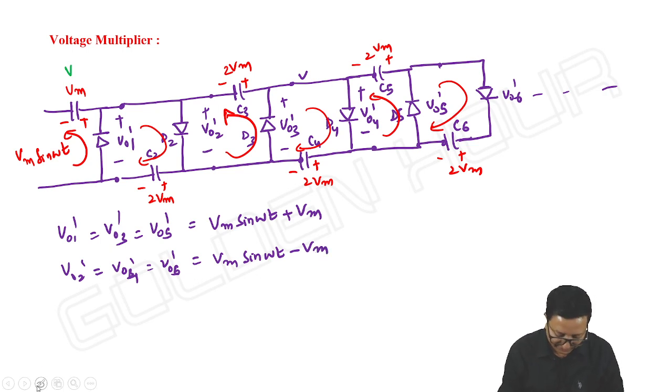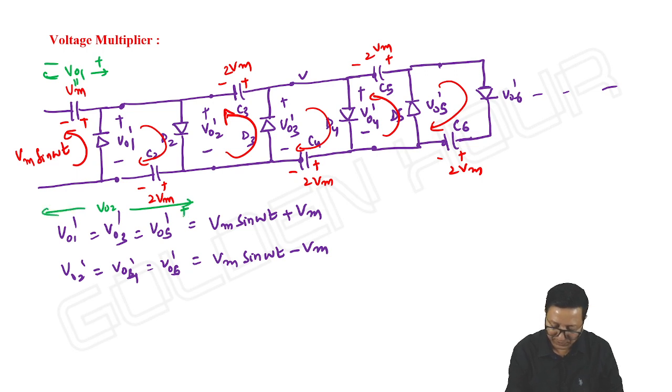Now let me take this voltage as VO1. Right, I am taking from right to left. What is VO1? It is equal to Vm. Next, coming down, VO2, polarity is plus minus, its value is equal to 2Vm. Is it not so?